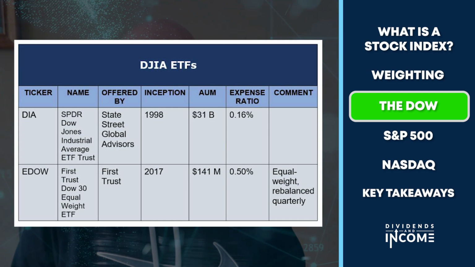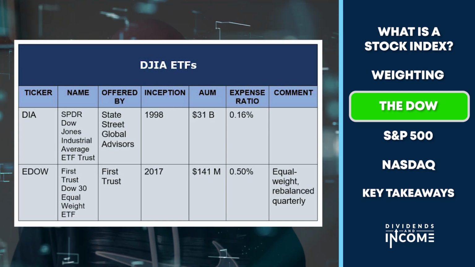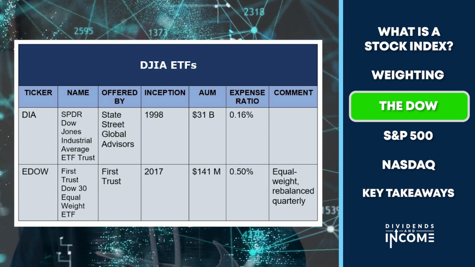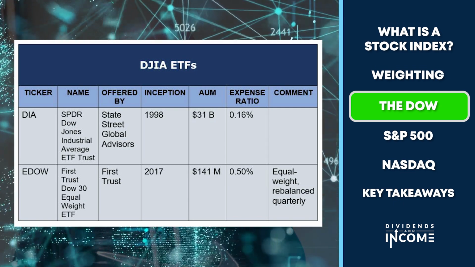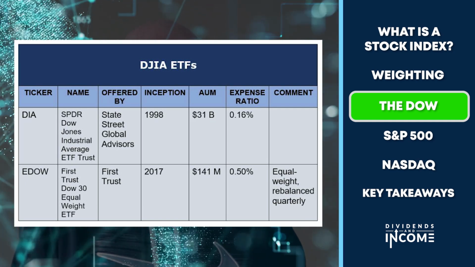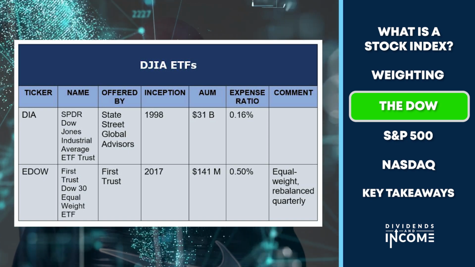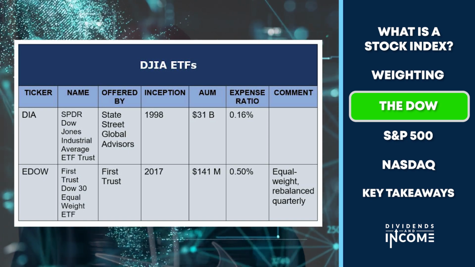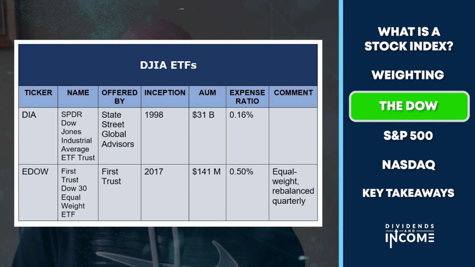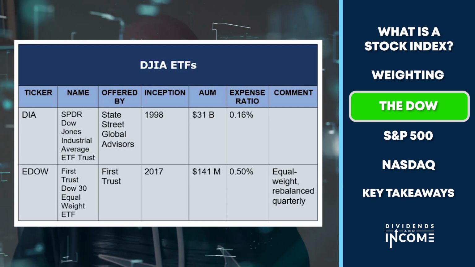That sounds like a lot of money right now, but when you see how much say S&P and NASDAQ ETFs have attracted, you'll see that this is pretty small in comparison. And for an ETF that follows a simple list of stocks, as DIA does, its expense ratio of 0.16% is actually pretty high, too high these days, in my opinion.